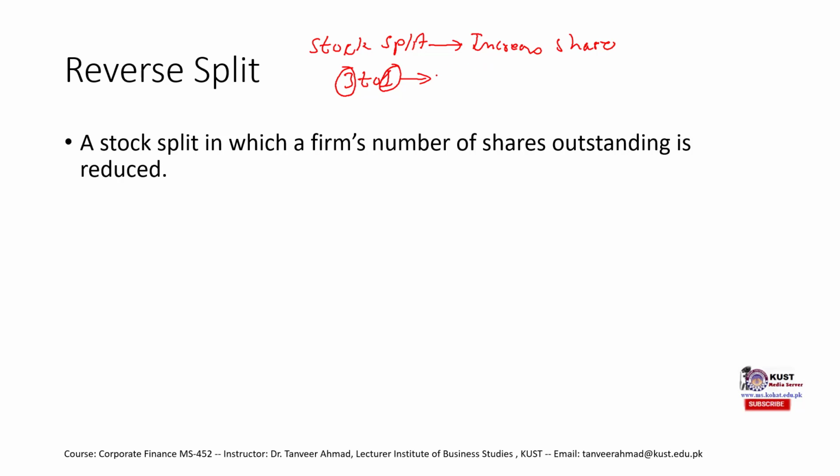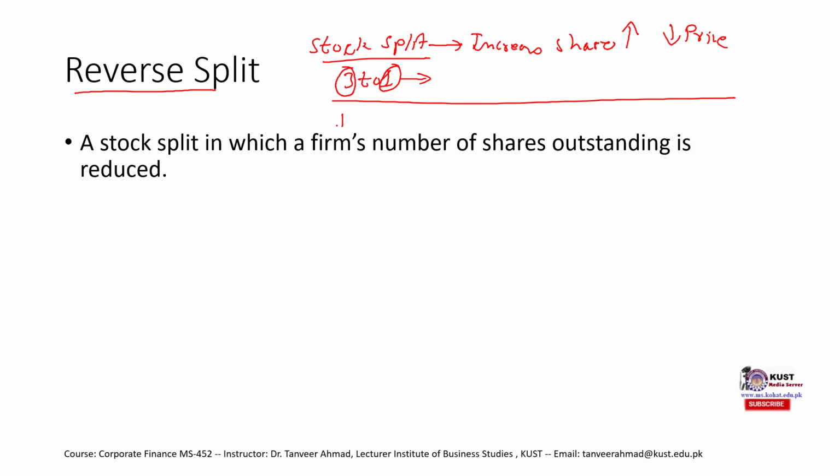And we have discussed multiple reasons why companies go for stock split. Remember, when the number of shares increases, each share price would decrease, right? Okay, this was stock split. But coming back to reverse split, what would happen is the opposite of this scenario.